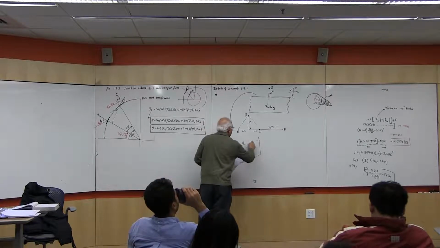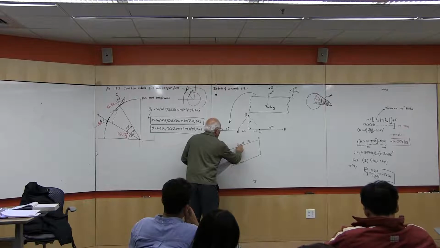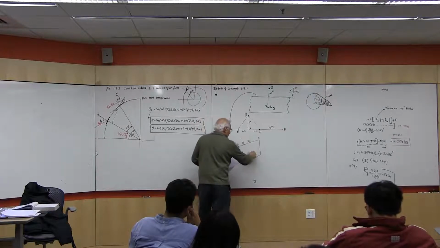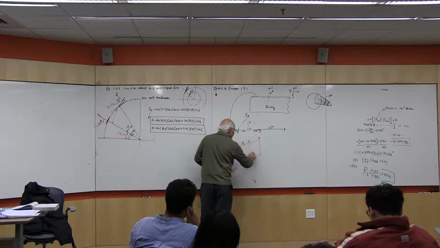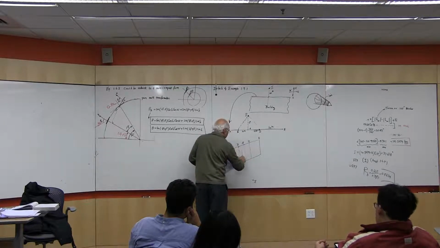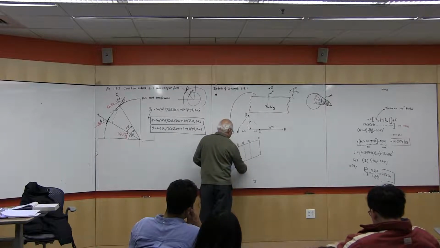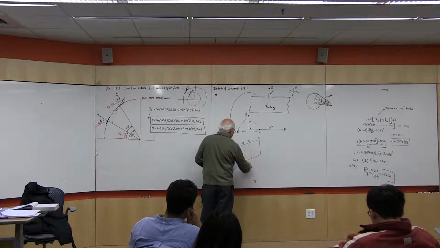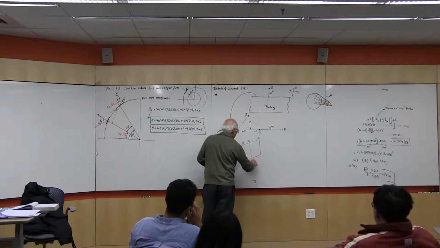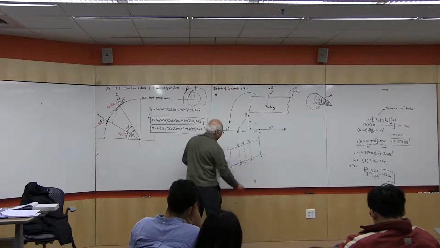So this is A, D, B, and now if I draw a line on the root of the wall or the bottom of the wall, we are going to have the corresponding C prime, B prime, A prime, D prime, and E prime.